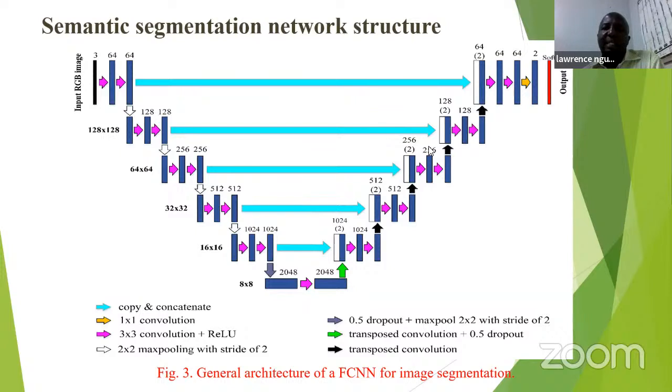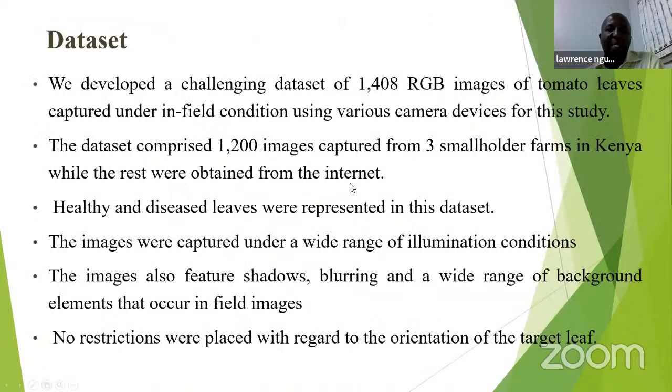Here it says CNNs are normally 2D, hence they fail to generalize well. They generalize quite well, provided that the data set you used was diverse enough. So for example, in this case, out of the 1,408 images, we trained the network with about 1,000 images.